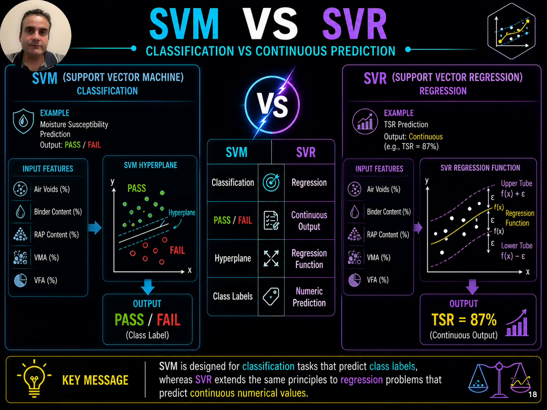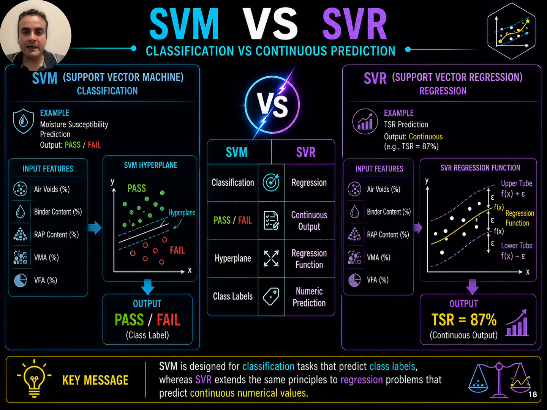Although SVM and SVR are based on the same mathematical principles, they solve different types of problems. SVM is designed for classification tasks. It predicts categorical outputs such as pass and fail, or good and poor, or moisture susceptible and non-moisture susceptible. The model learns a hyperplane that separates different classes.